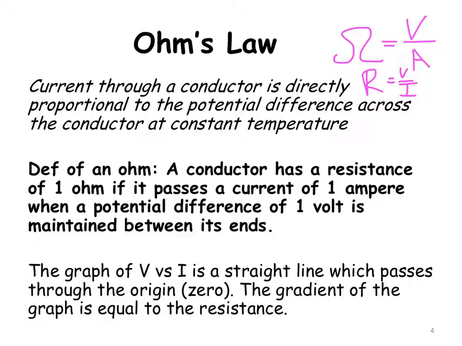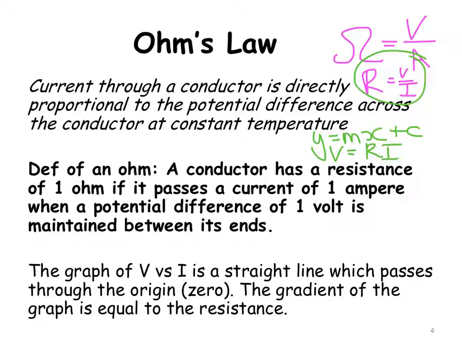So if I were to draw a graph of potential difference and current, you guys know what a y equals mx plus c graph looks like. So y equals mx plus c. I'm going to rearrange this equation and say V is equal to RI.